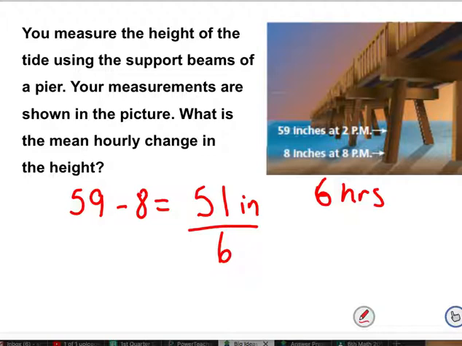So what is the mean hourly change in the height? You got it calculated? Is it 8? It's 8.5. 8.5 inches? Yep.